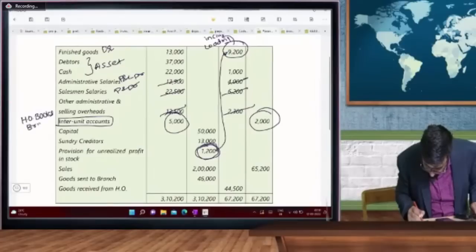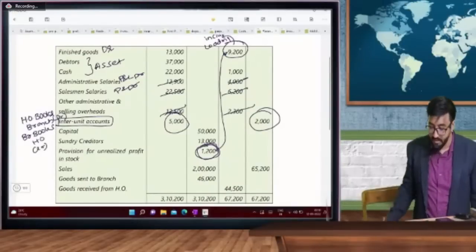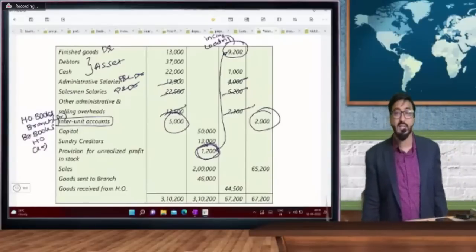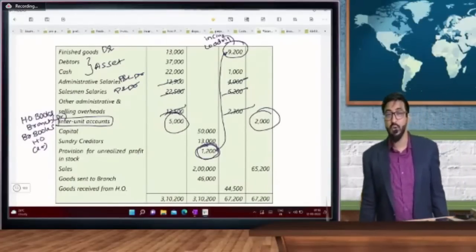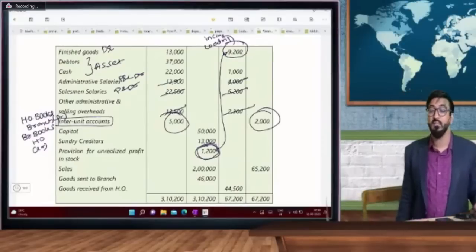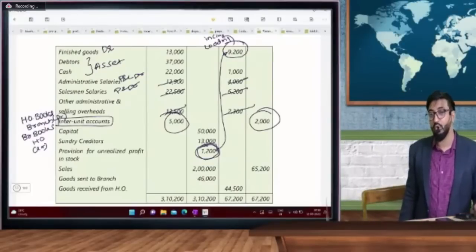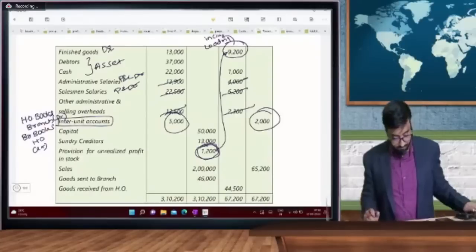Here always debit balance, and here it always credit balance, but these balances are not matching. So what is important? Reconciliation. So inter-unit accounts means branch account and HO account in respective books. Okay.